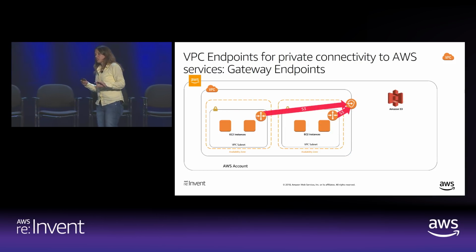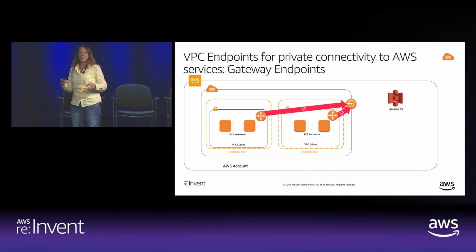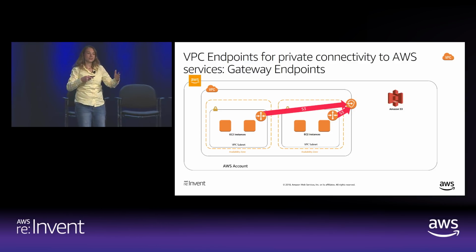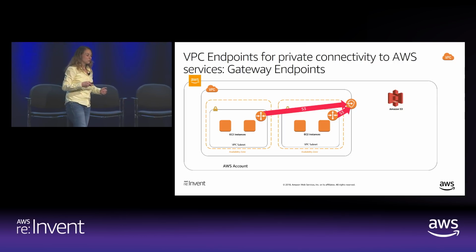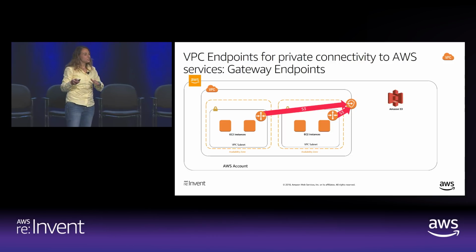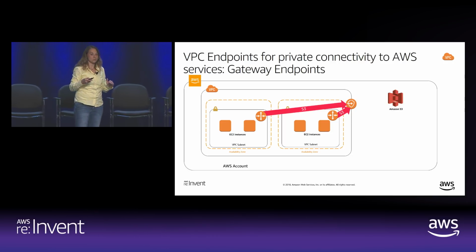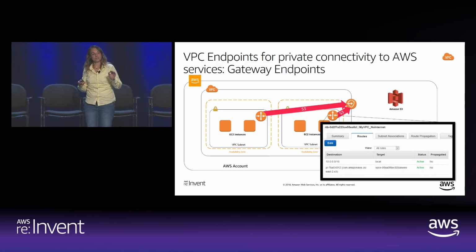It's just worth mentioning for those of you who look under the hood at how the machinery all hangs together, our VPC endpoints for S3 and DynamoDB are called gateway endpoints, in contrast to the one I was showing you before, which is an interface endpoint. These two services have a gateway endpoint, exactly the same effect from a security standpoint. You don't need to put an internet gateway or a NAT gateway on your VPC to get to them, but they do manifest in a slightly different way if you look under the hood.